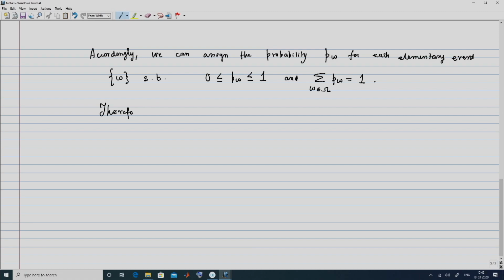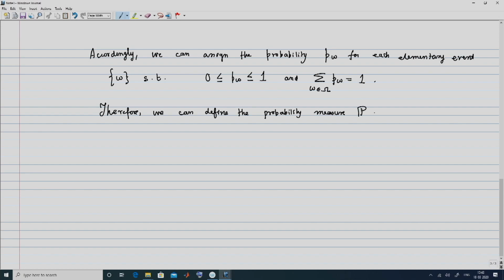So, once we have both these things set up, the probability measure and the probability of an elementary event, we can define the probability measure P, which we have already introduced along with the 3 properties.